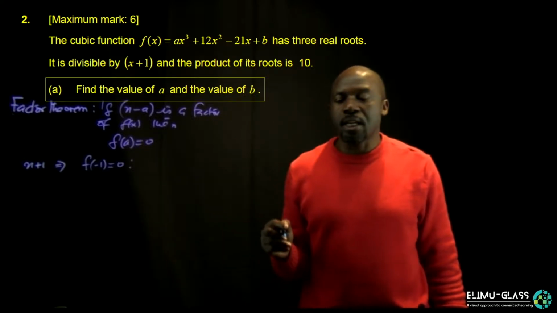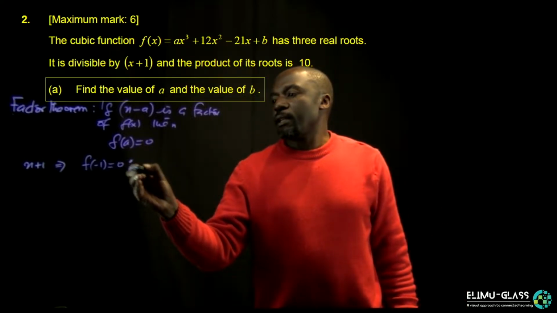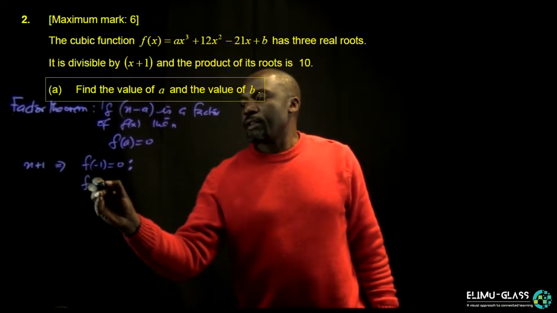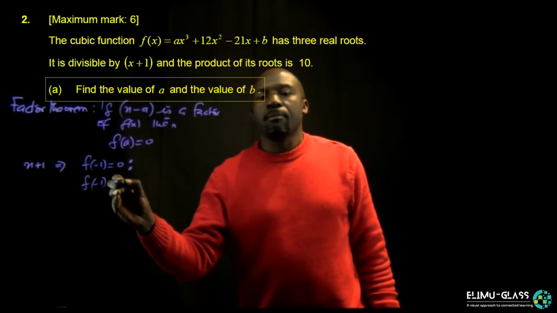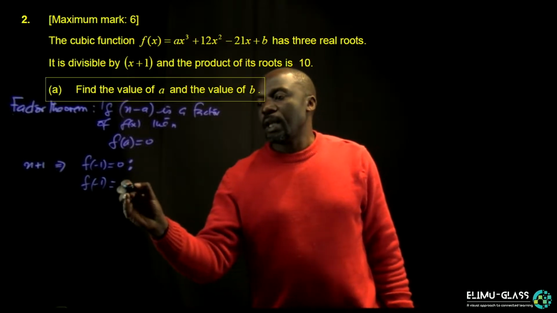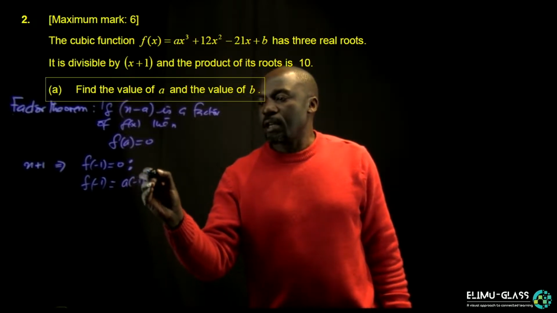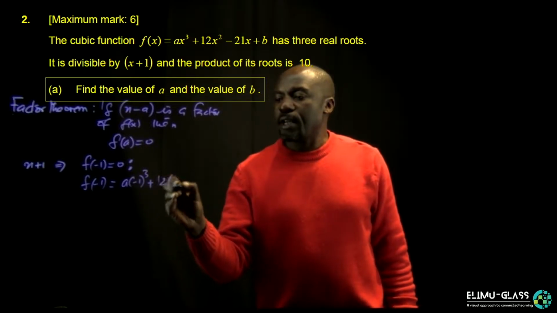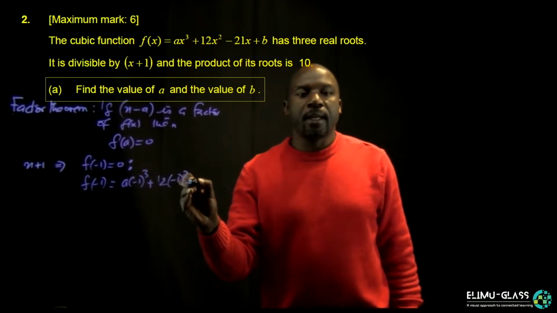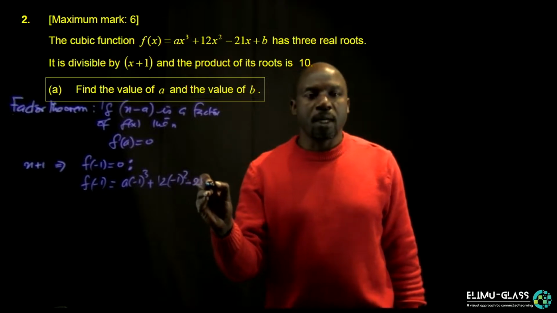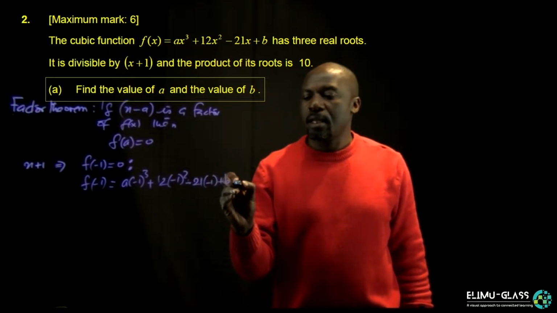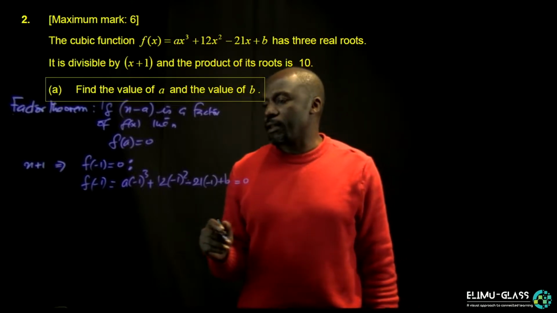So that tells me that f of negative 1, which is equal to a into negative 1 cubed plus 12 into negative 1 squared minus 21 into negative 1 plus b, has to be equal to 0 by the factor theorem.